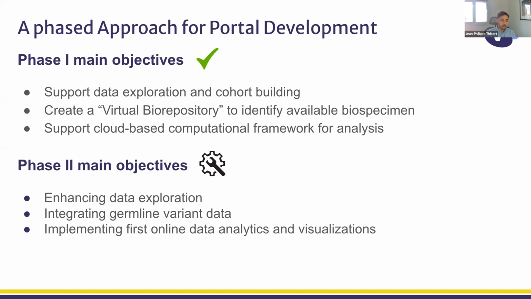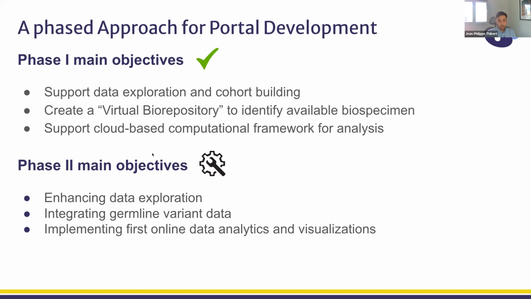And from that, you could also identify biospecimens that are associated to participants and data files. So this is where we really created the virtual biorepository. And the idea of all of that is that we're leveraging these cohort building activities to support cloud-based computational framework for analysis through the Cavatica platform.